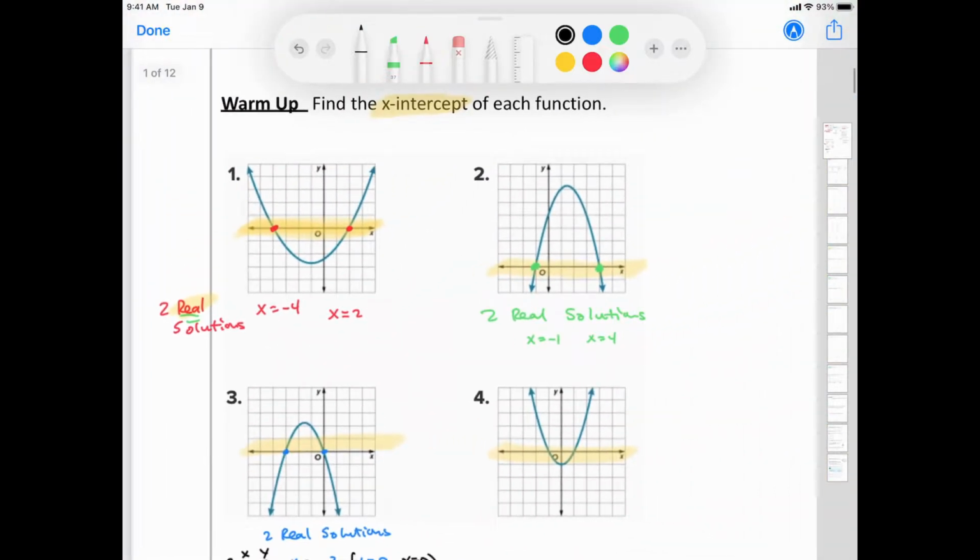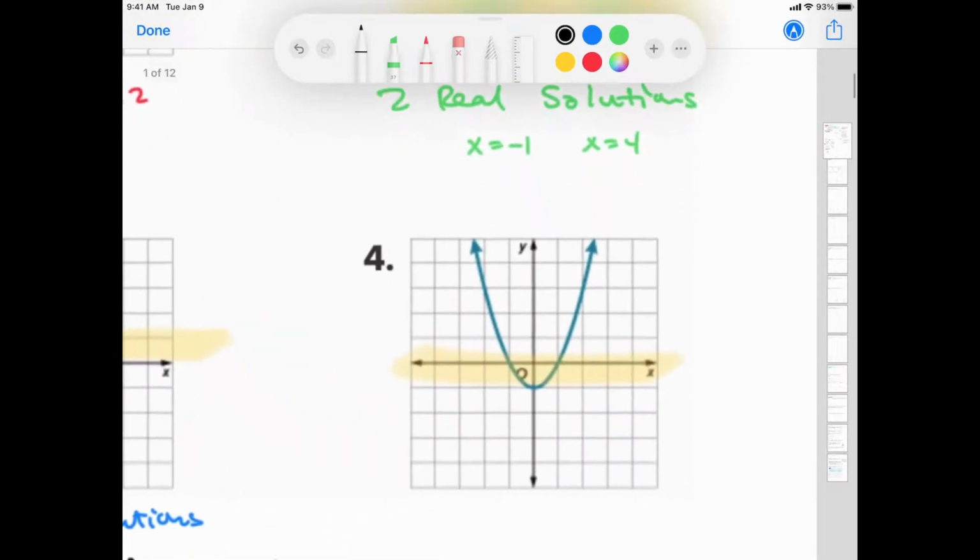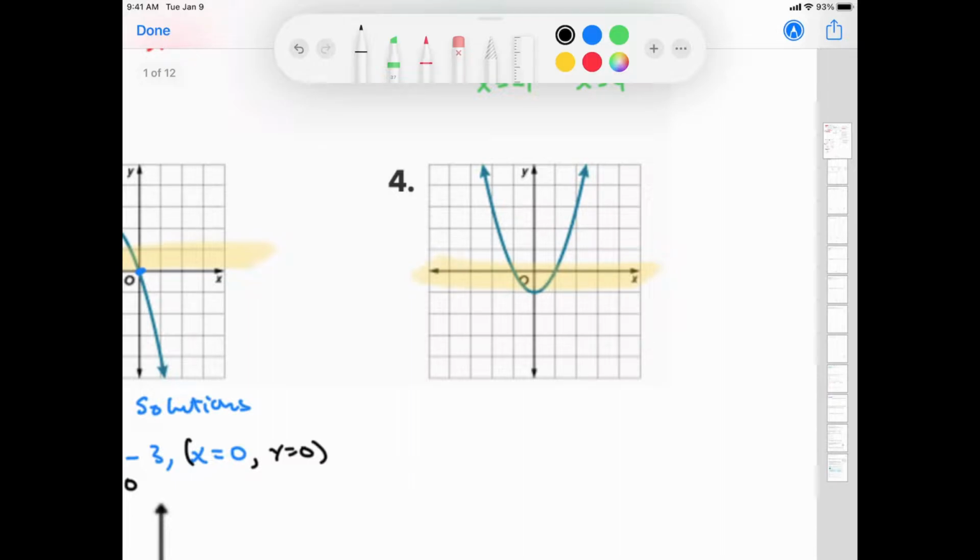So the y-coordinate is equal to 0 when you have an x-intercept. Same thing for this one over here. We have 2 real solutions, at x equals -1 and x equals +1.